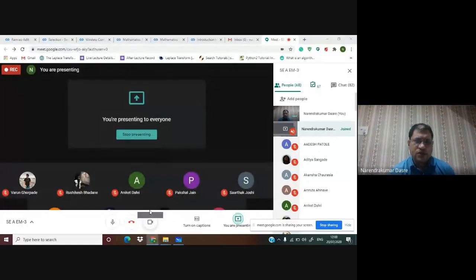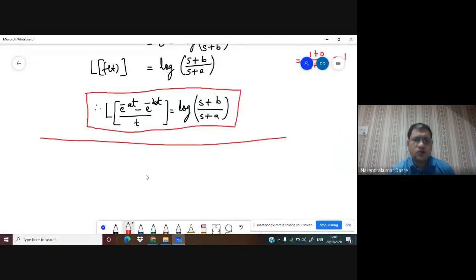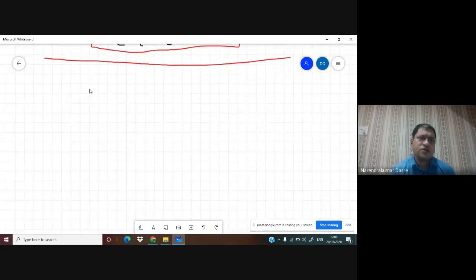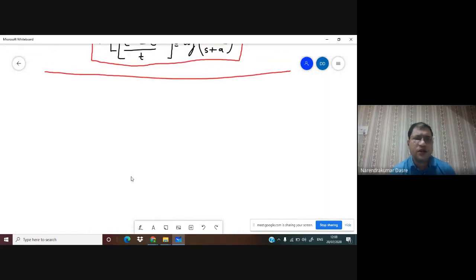So what we have is the next property. We have seen the effect of multiplication. We have seen the effect of division. Now we have to see what happens if I consider the numerator or the denominator.